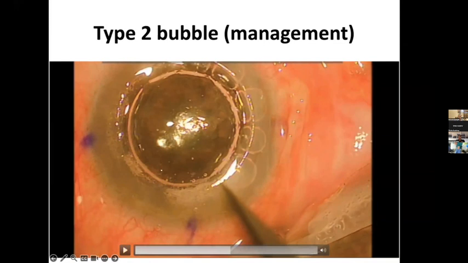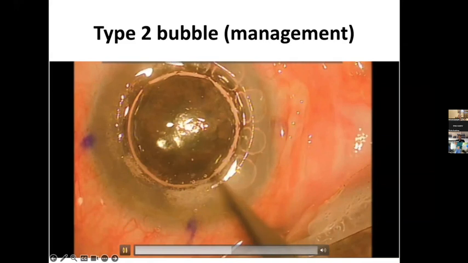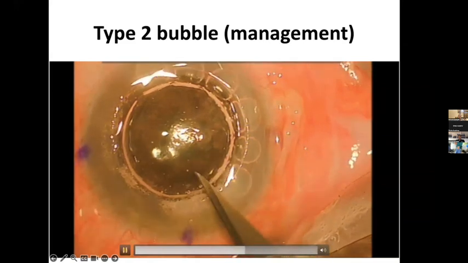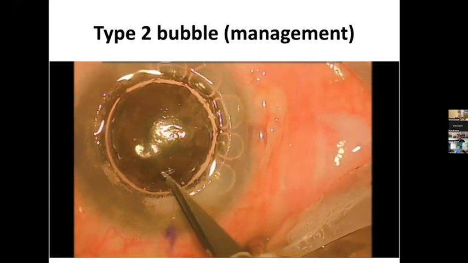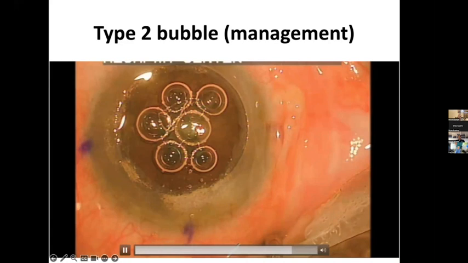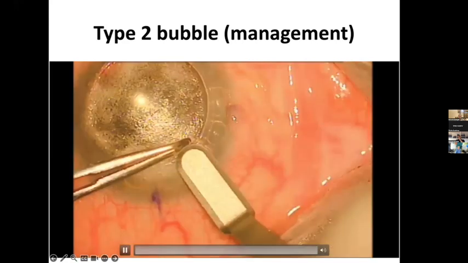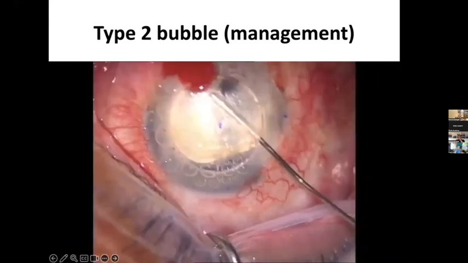I shouldn't leave the bubble like this, so I should collapse it. Although I reached a good plane and a good depth of the stroma, I should collapse this bubble by doing a puncture in the predescemetic layer. And this is the residual type 2 bubble, and the bubbles in the anterior chamber will go to the center. Another case of a type 2 bubble.